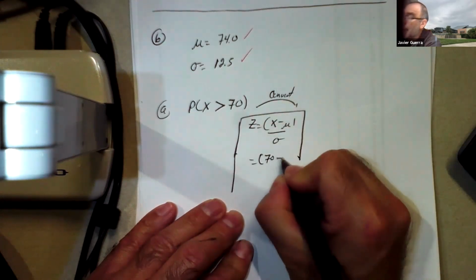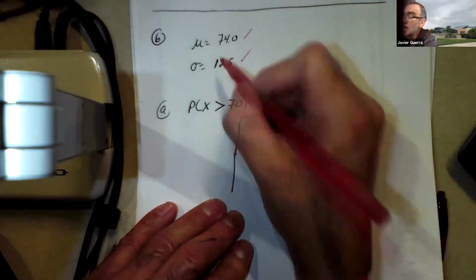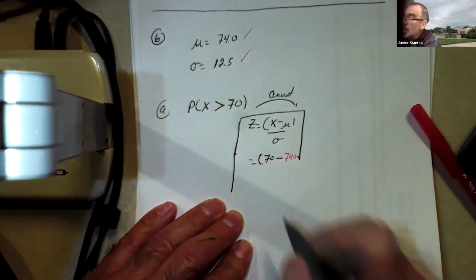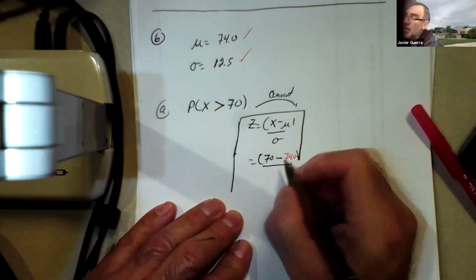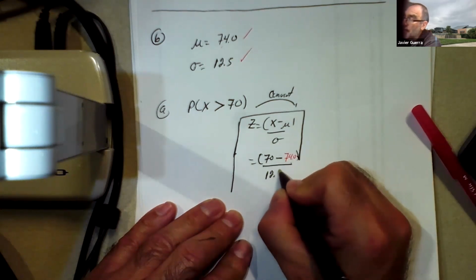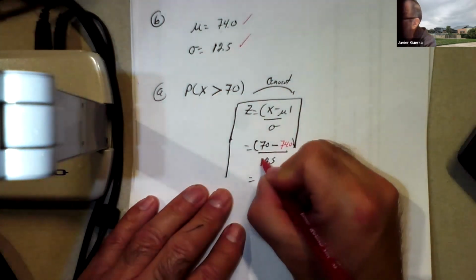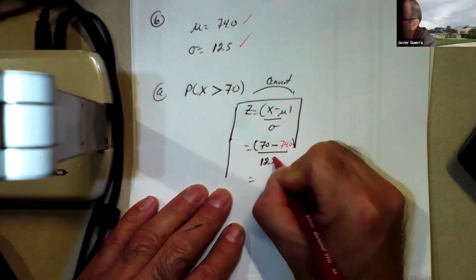70 minus 74.0 divided by 12.5. I did it in the wrong color; it's supposed to be red.